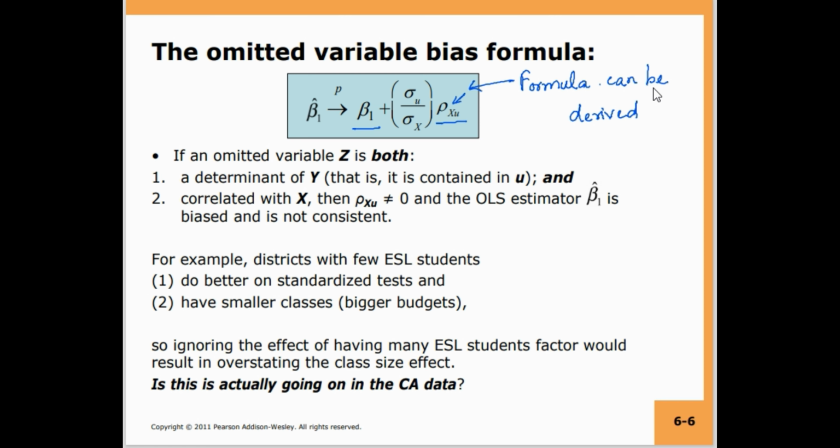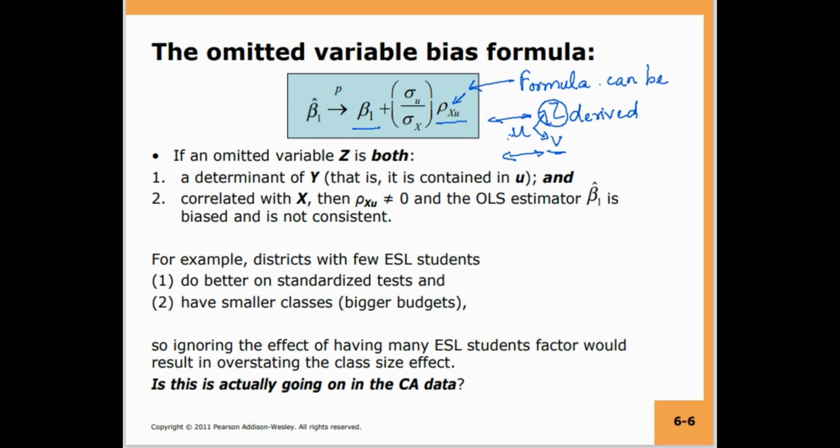x's and the errors increases... remember that the error has two parts, z and the true random errors. Now if u is correlated with x, maybe this part, the z, that was the variable that was left out, is correlated with x, and the other part is not correlated with x. But even if one part of u is correlated with x, u is correlated with x.